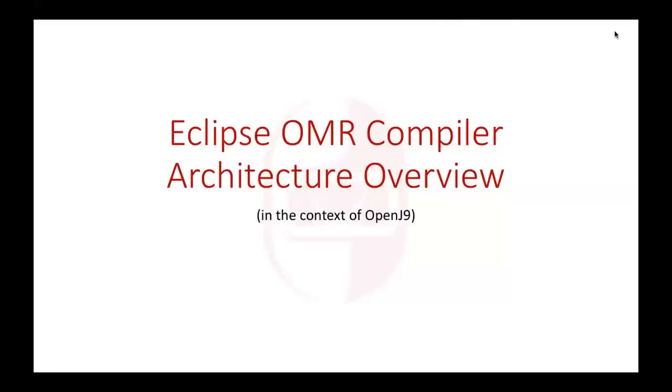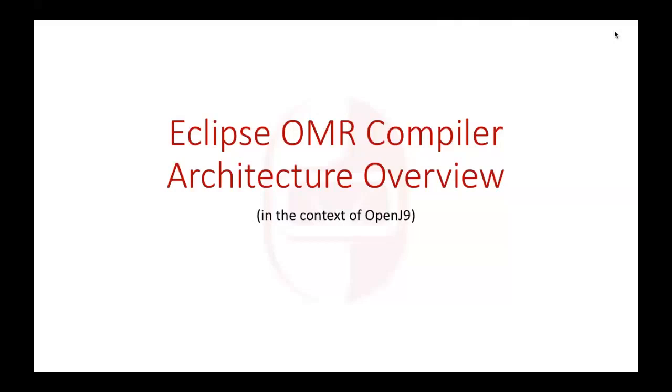Okay, so when we had an initial call a couple of weeks back, we talked a bit about the plans for an ARM64 code generator in Eclipse OMR. The people participating in this project come from a variety of backgrounds in terms of experience with compiler technology in general, experience with OMR, experience with ARM, that kind of thing.